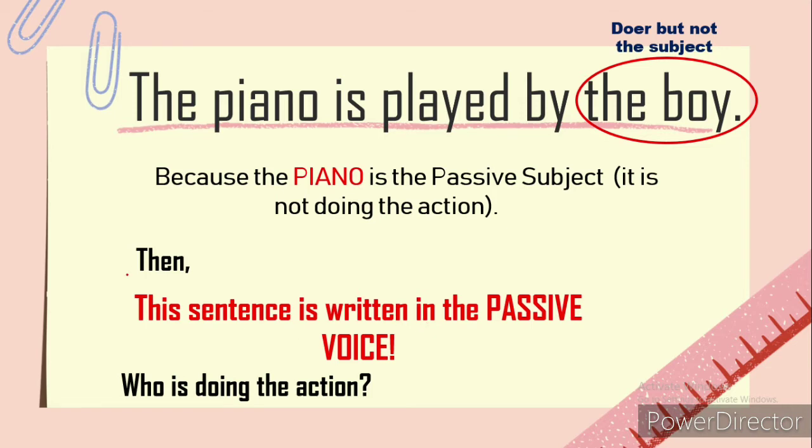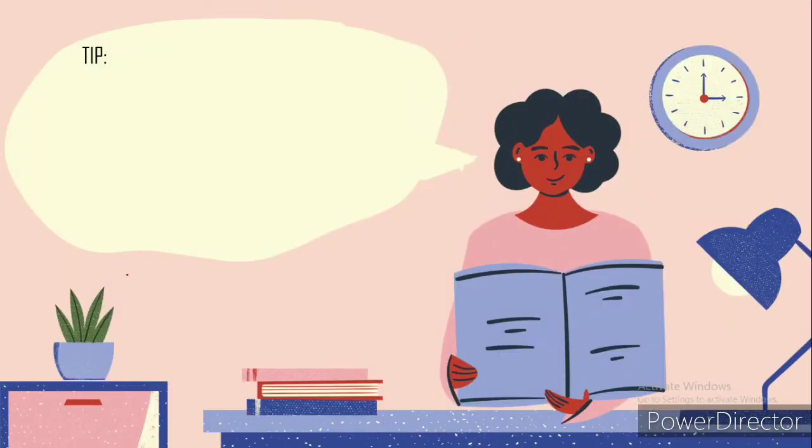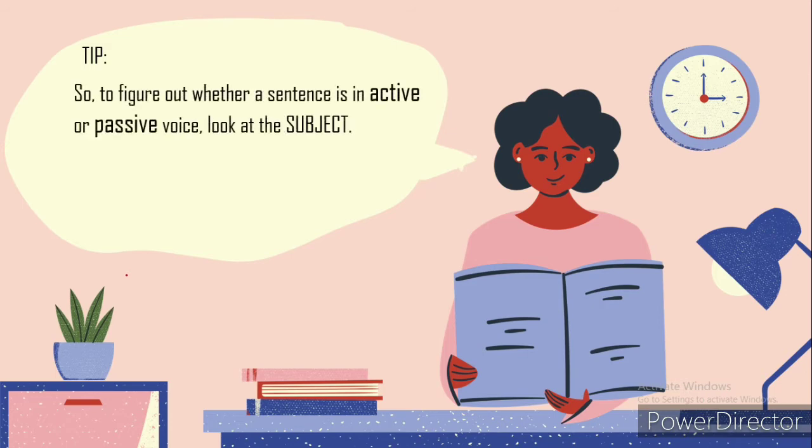So, those are the differences and forms of voices. But wait, there's more. I have a tip. To figure out whether a sentence is in active or passive voice, look at the subject.